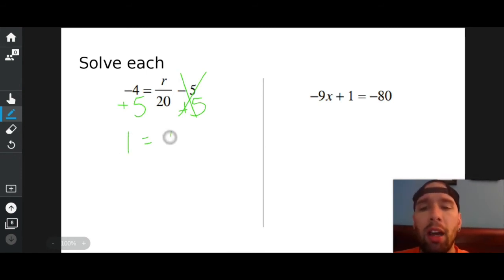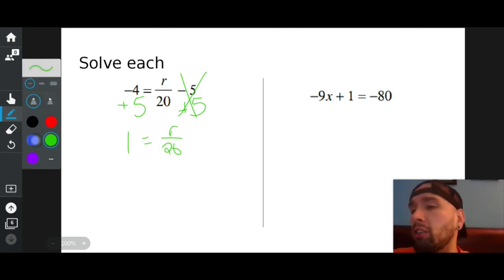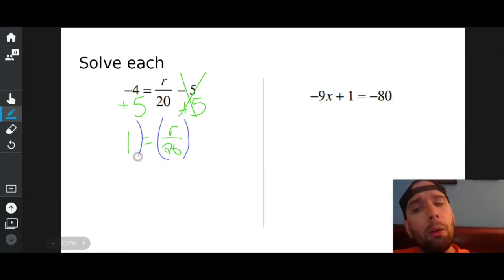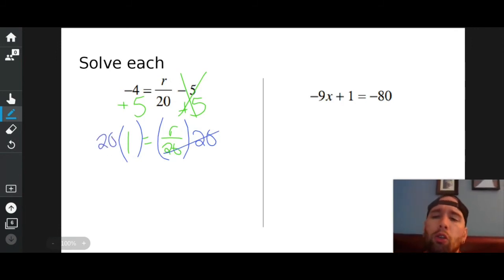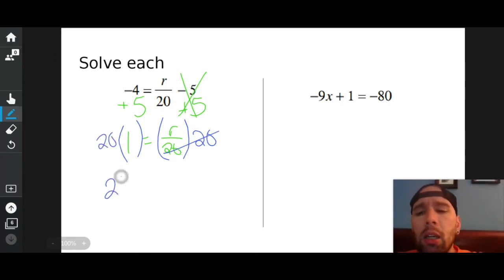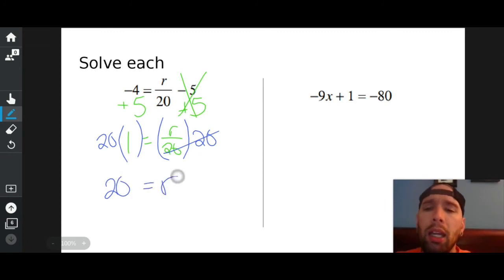On the right side, I have r over 20. Is r all by itself? No. What's in the way? Divided by 20. How do I get rid of divided by 20? Multiply by 20. 20 times 1 is 20. That equals r. I hate the way that looks. R equals 20. All right.